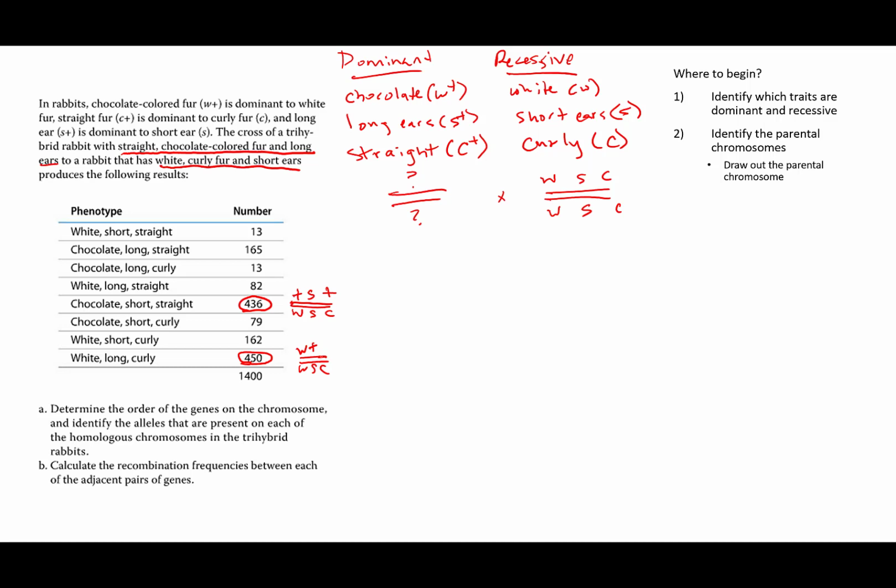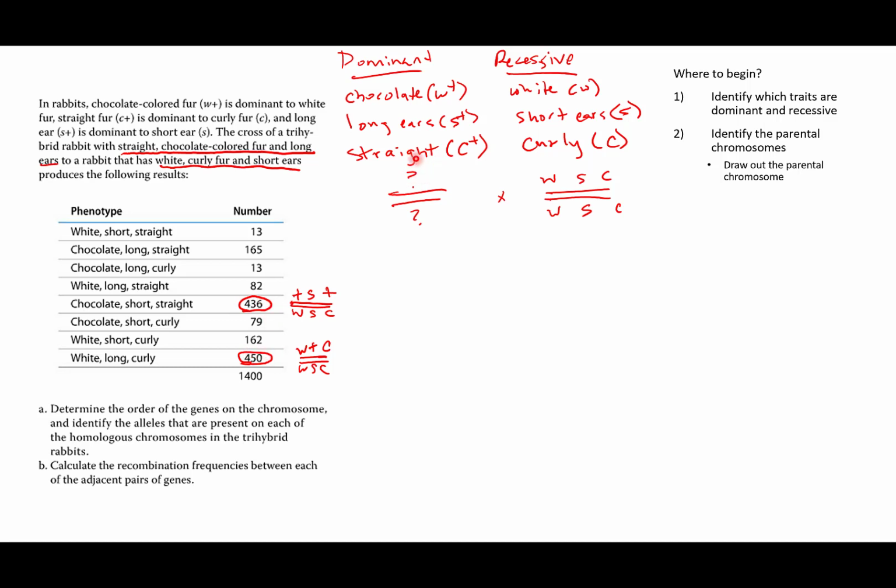And again, to be curly, that is a recessive trait, so I would have the recessive allele. Okay, so now, as you can see, I can see what the 2 alleles were of this individual if no recombination occurred. And I know no recombination occurred because these are the largest proportion of my offspring.